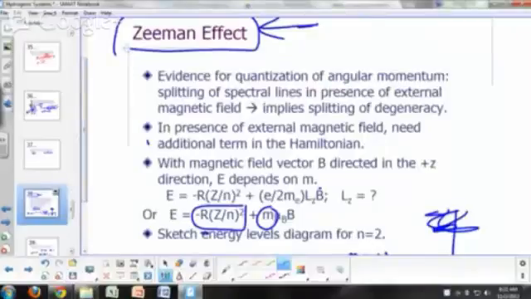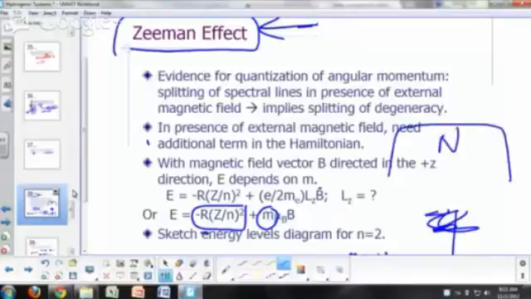So if the atom is behaving like a magnet, then if you subject it to an external magnet, it should react. What did we learn in grade school? Opposite poles attract, like poles repel, right? So let's say you have an external magnet, and this is the north pole of your external magnet pointing that way. That's your positive z-axis.